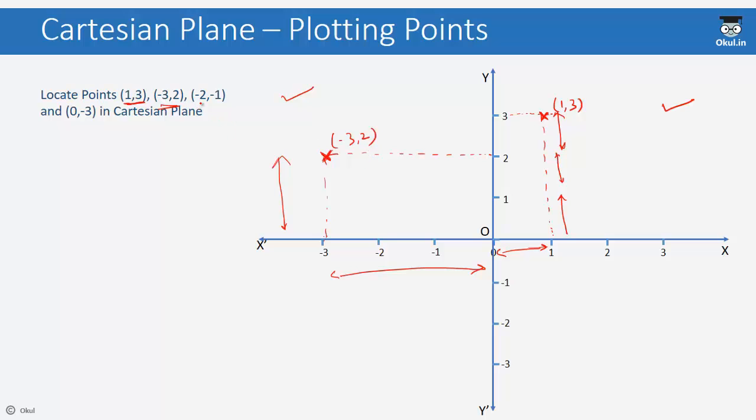Now the next point is (-2, -1). So here, since both abscissa and ordinate are negative, we can say that the point will lie in quadrant 3. Now since the abscissa is -2, we have to travel 2 units along the negative x-axis. And the ordinate is also negative, so we have to travel 1 unit along the negative y-axis.